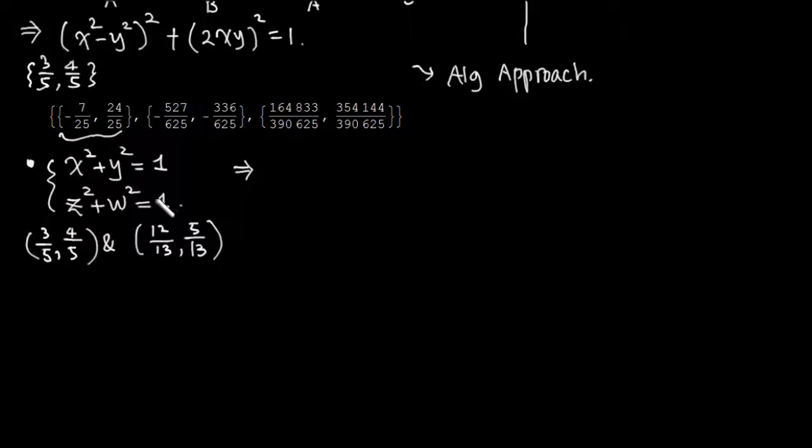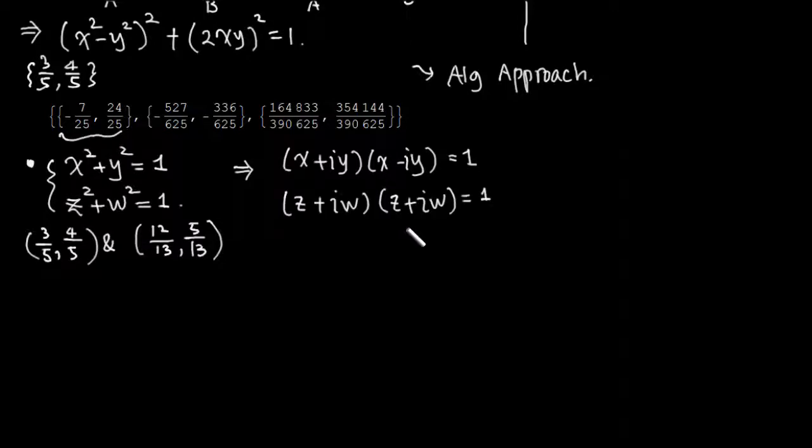So the idea is that you go through the factorization again, x plus iy and x minus iy equals 1. You write down the same thing in here, like that. Then rather than multiplying, so again, to keep the right hand side 1, one thing we can do is multiply these two with each other. Then you can see the right hand side is still 1.